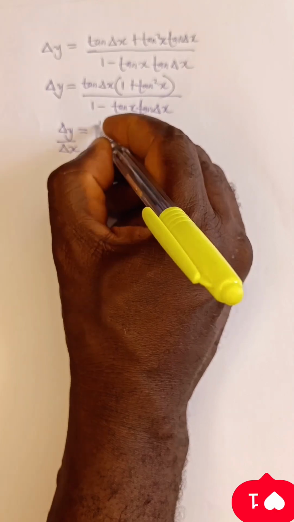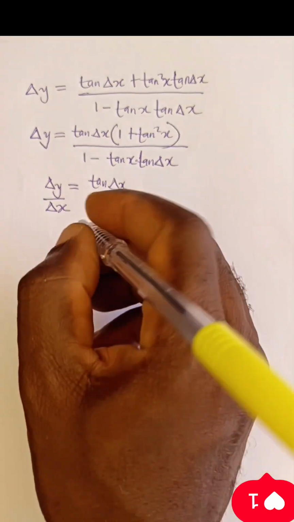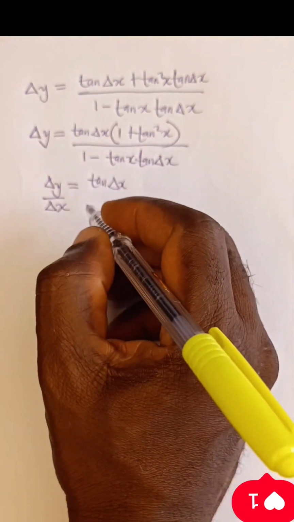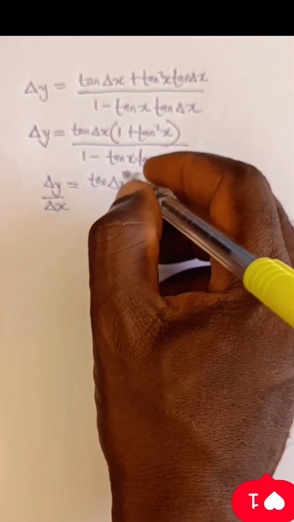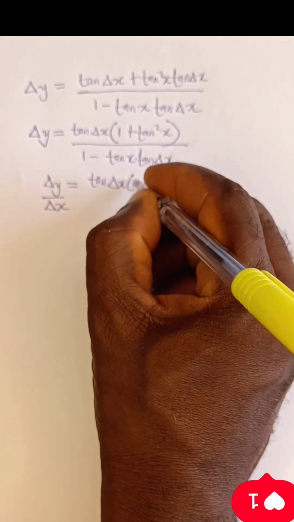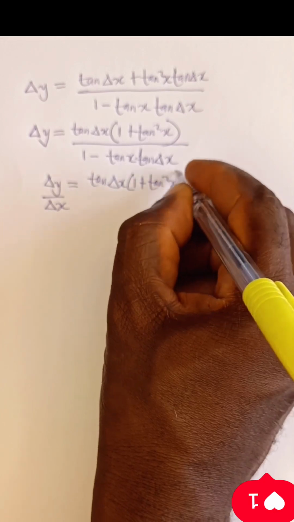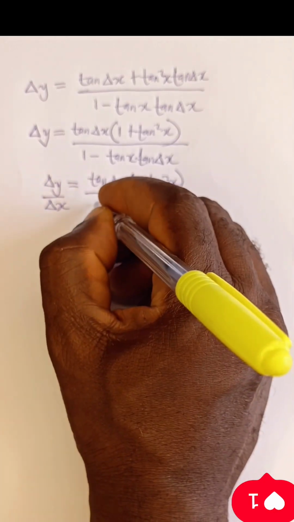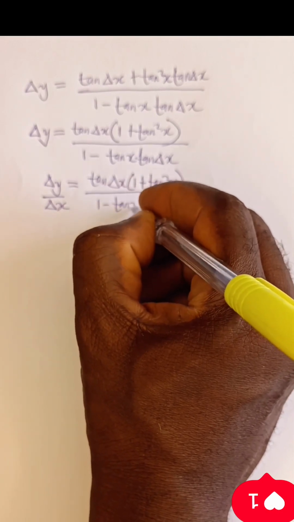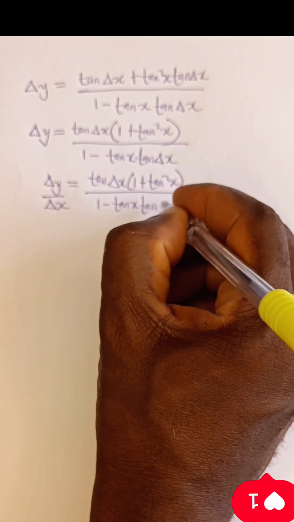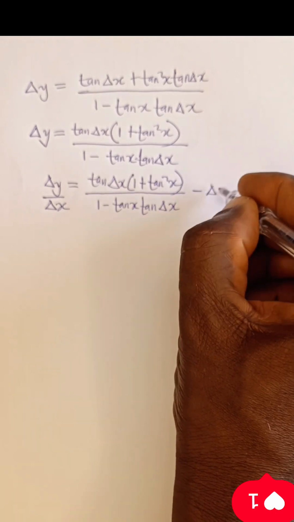So we are going to have tan change in x into (1 plus tan square x) divided by (1 minus tan x tan change in x), all divided by change in x.